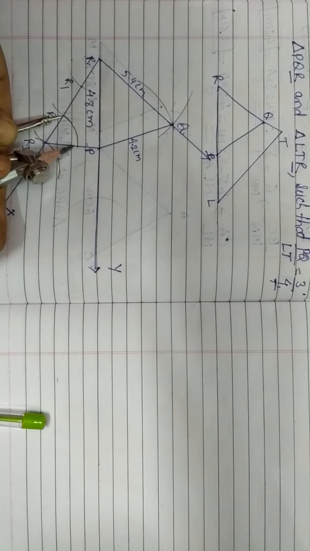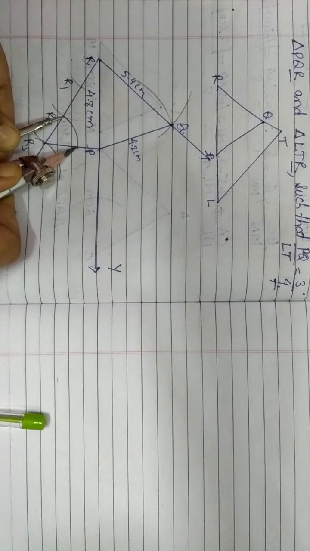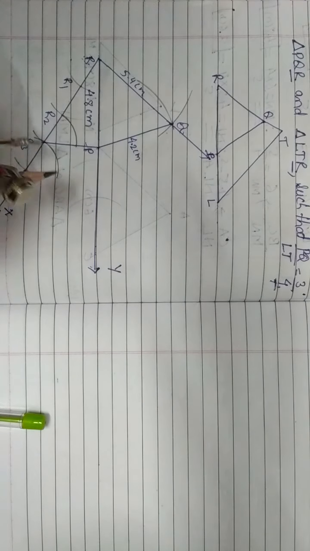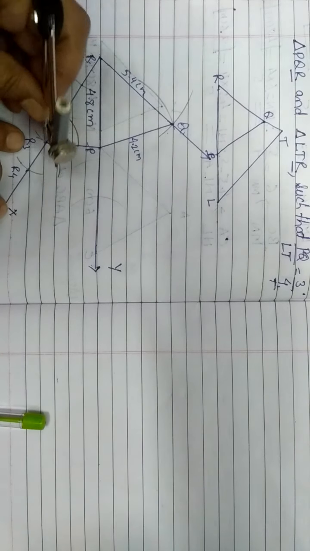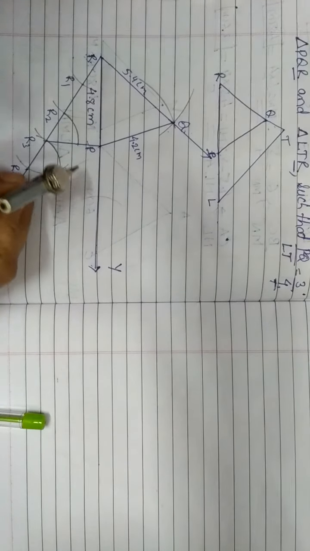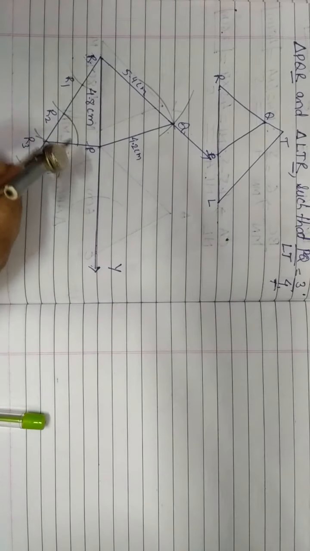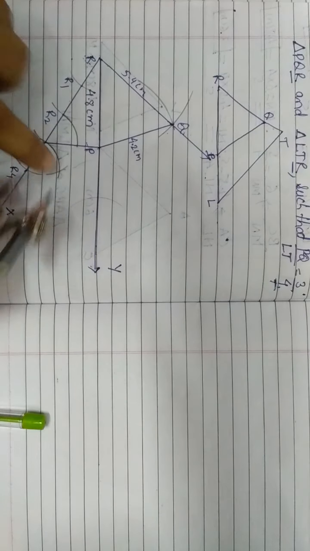Take that measurement exactly likewise. Keep your compass point where it intersected and make an arc over here, at the point of intersection on this arc. Mark that.